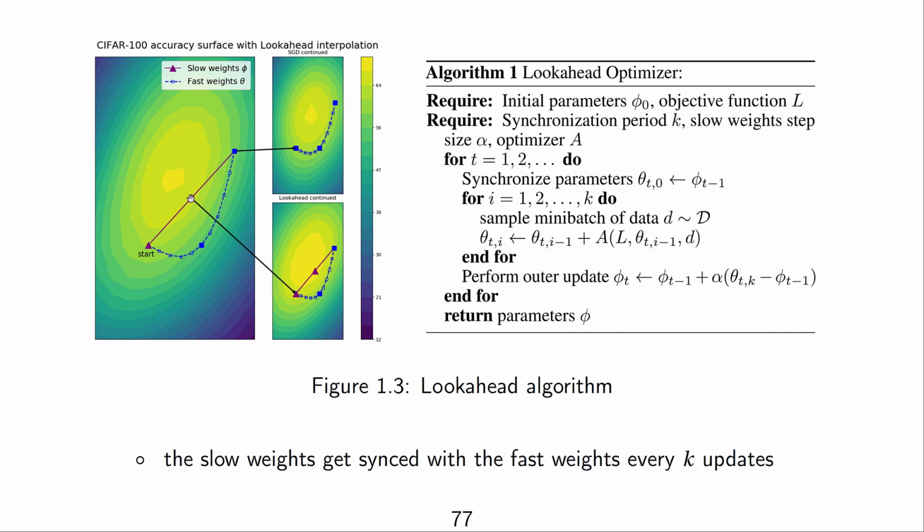So we end up, let's just say for this, in the middle here. And then we do the same thing starting from here. So this is our new, we could call it anchor point. So we are here, and then we make k steps forward, and then again we average the fast weights and the slow weights, and we are here.